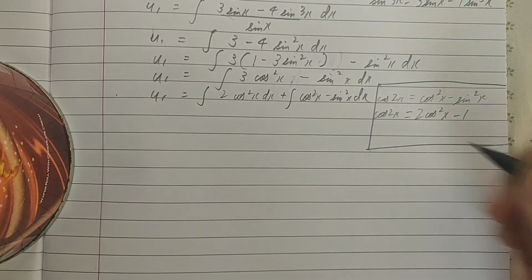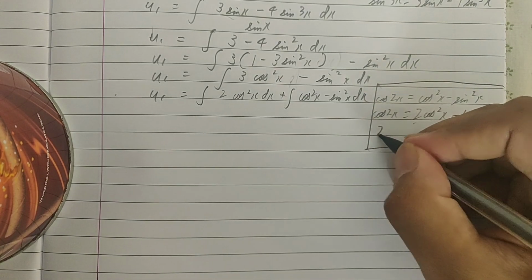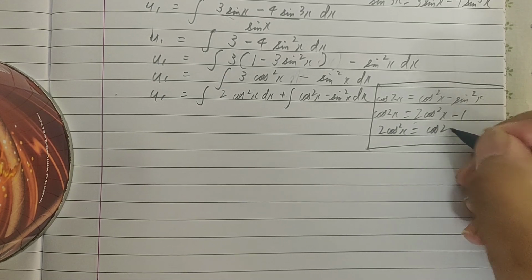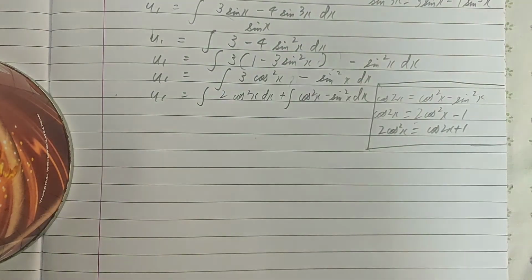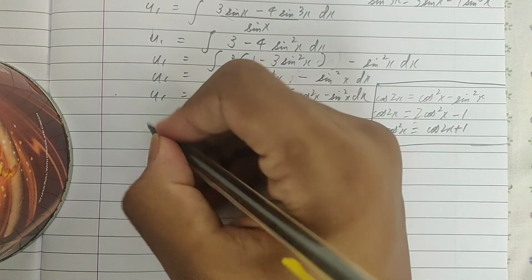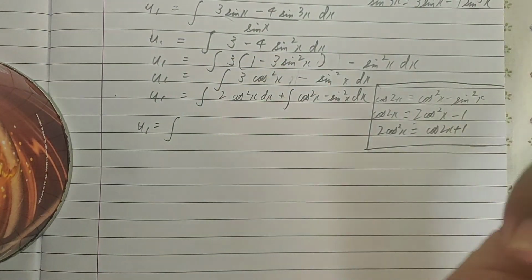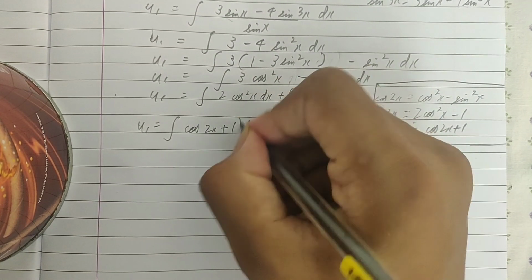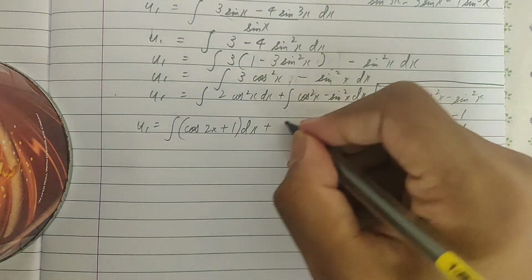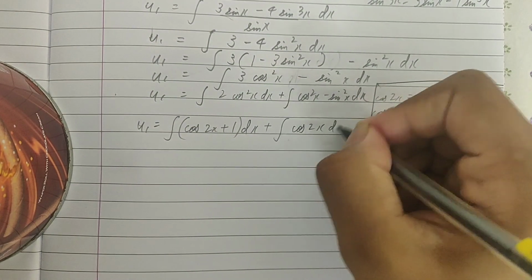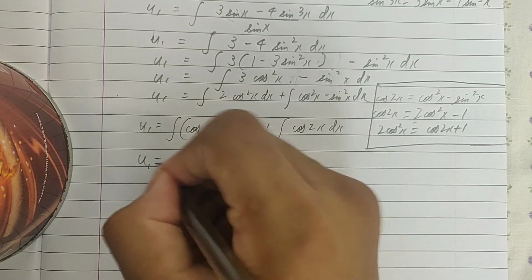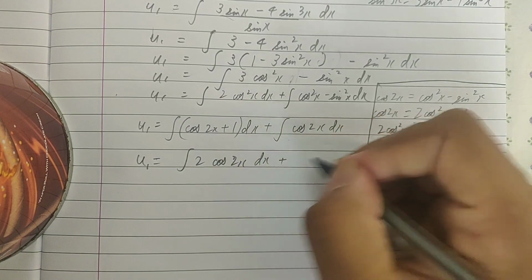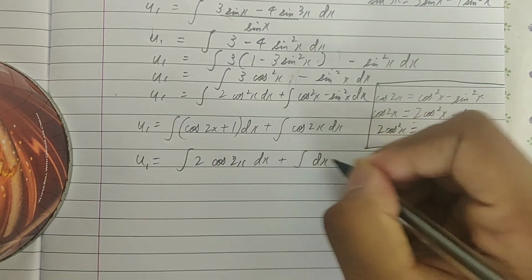This is just the property box. So we can write 2 cos square x as cos 2x plus 1, which is how we're going to write that right now. So u1 is equal to the integral of cos 2x plus 1 dx plus cos 2x dx, which can further be written as 2 cos 2x dx plus the integration of 1 dx.